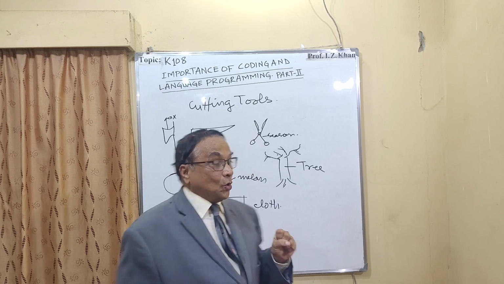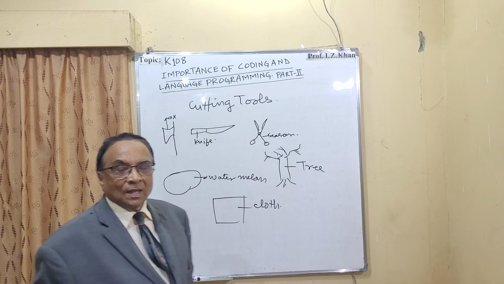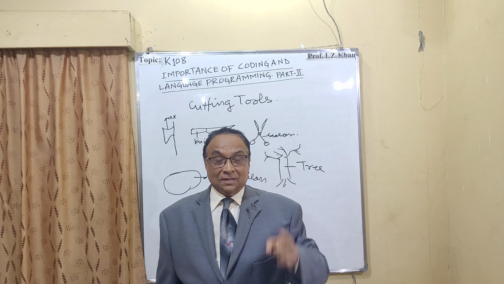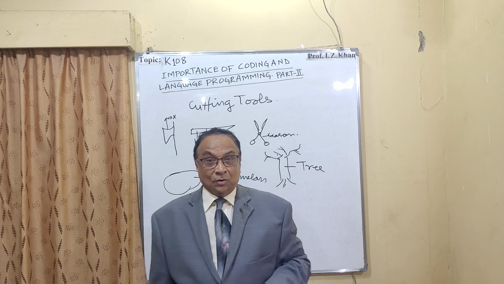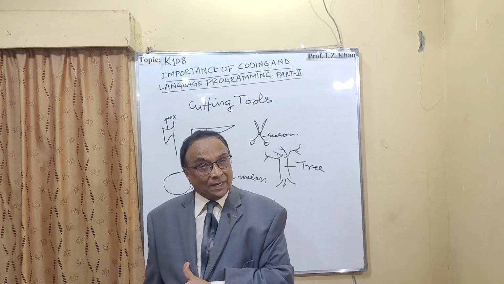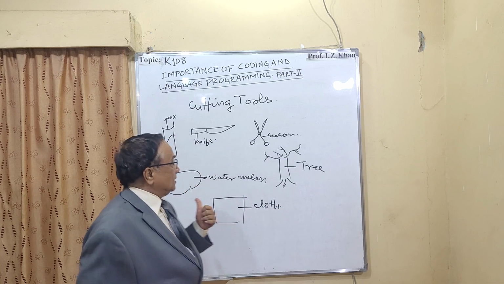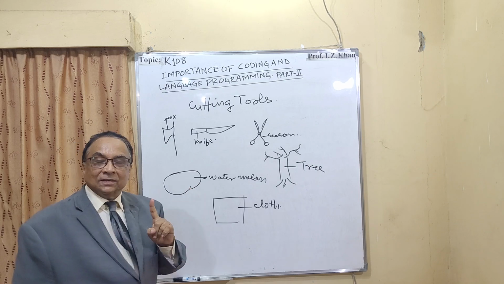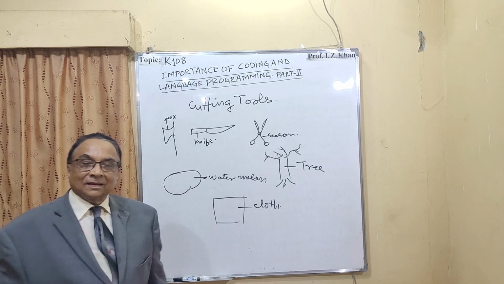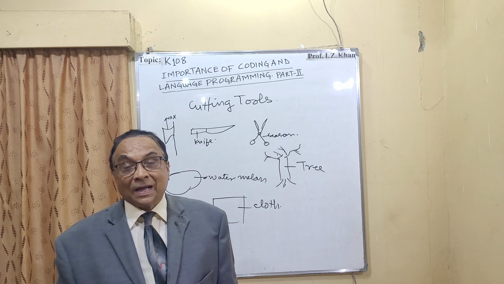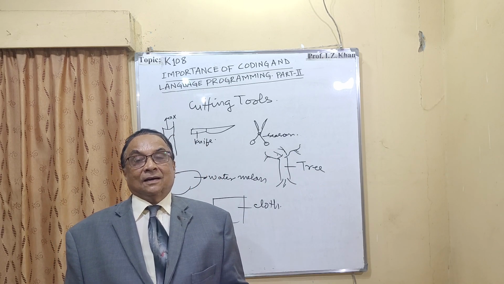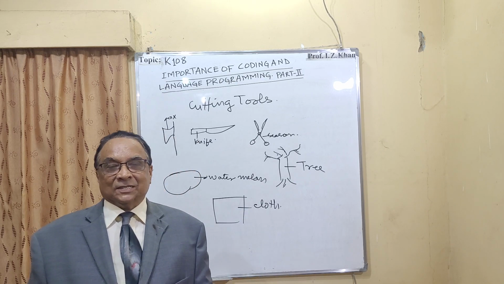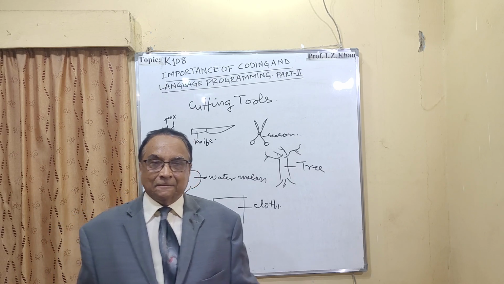So suppose you are going to cut the watermelon. Out of these three cutting tools, just like the Java language tool, C language tool, Python language tool, in the same way here are different tools. If you bring an axe and hit the watermelon with the axe, no, this tool is not appropriate for cutting the watermelon, because once you hit it with the axe, the whole watermelon will be destroyed and scattered rather than cut.